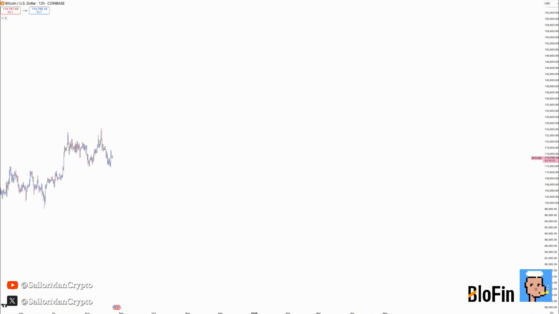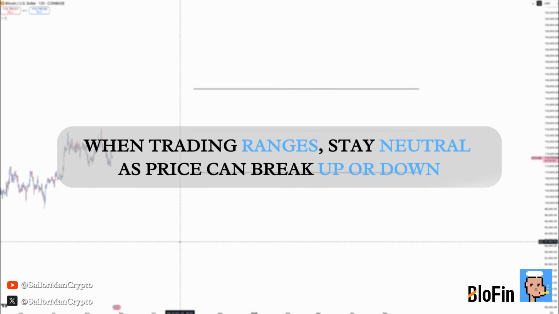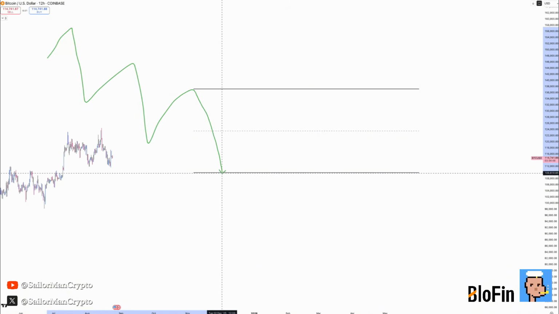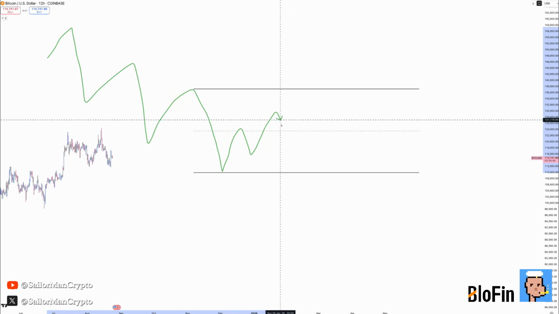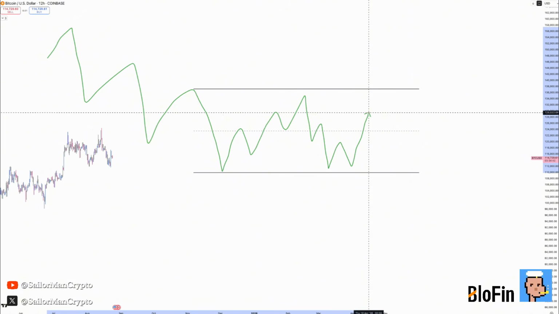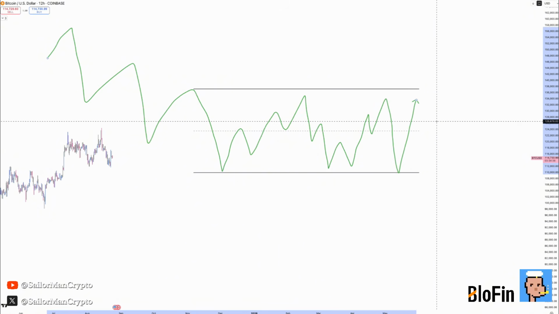In my approach, I always try to be neutral whenever I see a range, because I'm not sure about the outcome. If the price is coming down like this and then clearly starts to range, I always try to have an almost neutral approach as long as we stay inside this range.